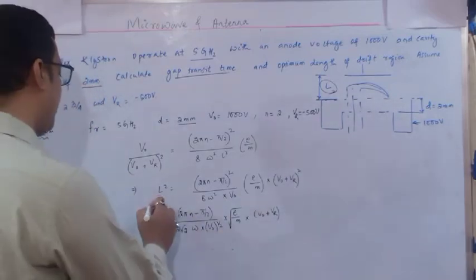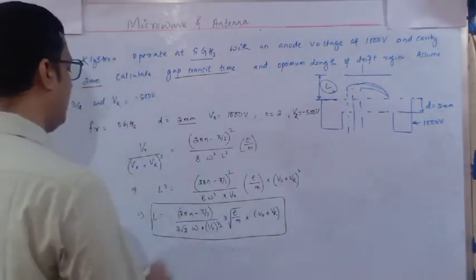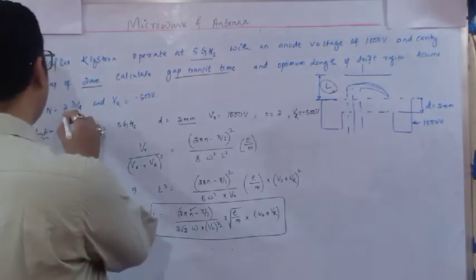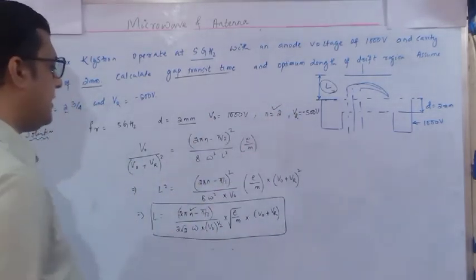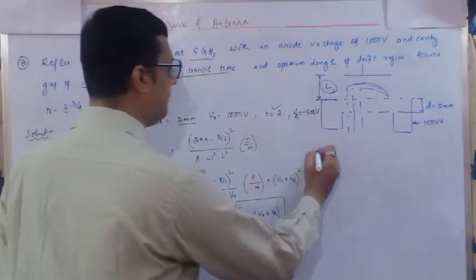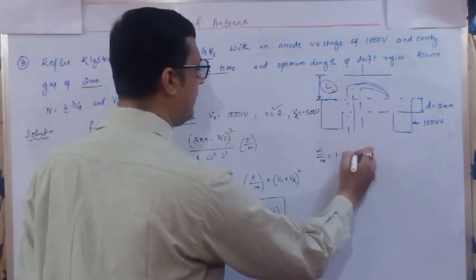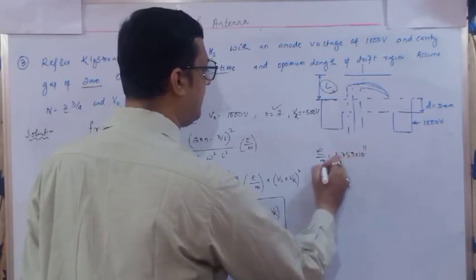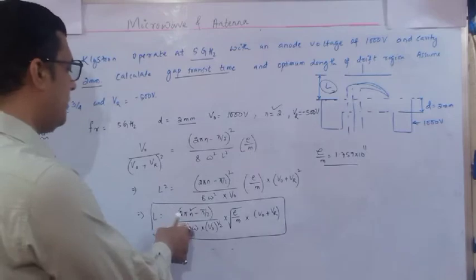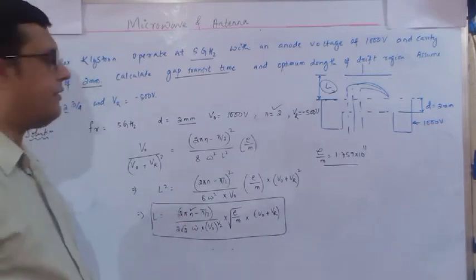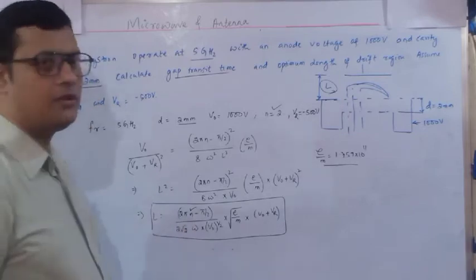Now whatever the values are given, substitute here. So what are the values given? N value is given. N is how much? 2. Here N is 2. Next E by M. E by M value is constant, that is 1.759 into 10 to the power 11. Use this value over here, root over of that. Then omega is how much? 2 pi f. F is how much? 5 gigahertz. So 2 pi f, substitute the value. V naught is how much?